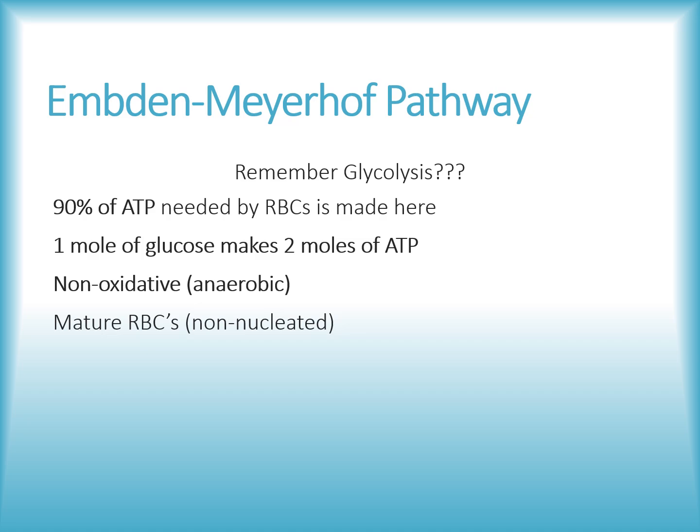Do you guys remember glycolysis from way back when? Well, the Embden-Meyerhof pathway utilizes glycolysis, and this is where about 90% of our ATP needed by red blood cells is made. So 1 mole of glucose makes 2 moles of ATP. It is non-oxidative, so it's anaerobic, and this is performed with mature red blood cells. So remember, they're anucleated at this point. They've lost their nucleus.